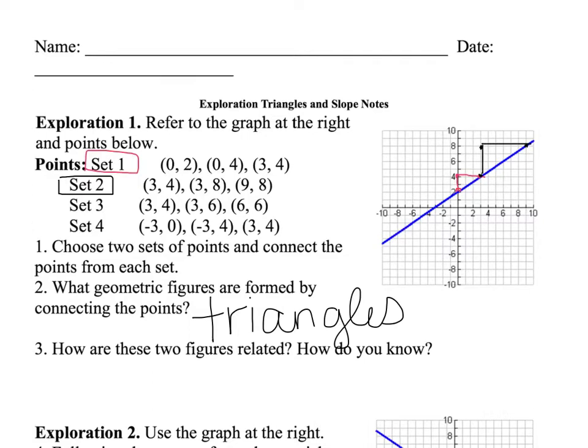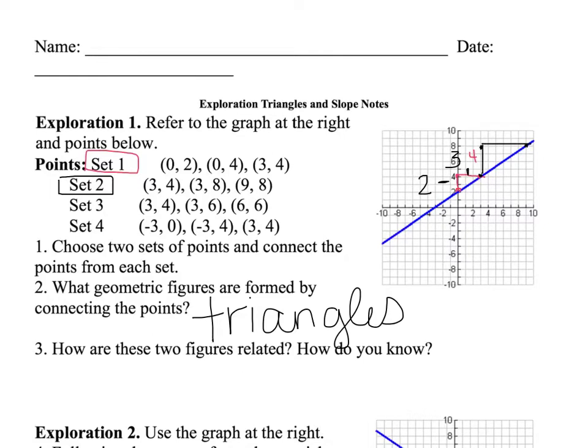So we can write their proportions. If you look on this side right here, it goes from 2 to 4, so that's going to be a 2. And right here, this line, it goes from 0 to 3, so that's going to be a 3. And now let's look at the black one. This goes from 4 to 8, which is 4.